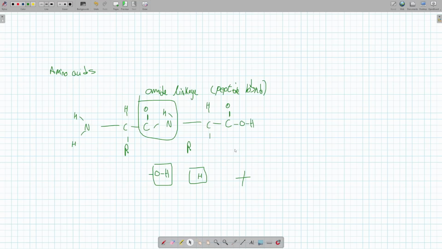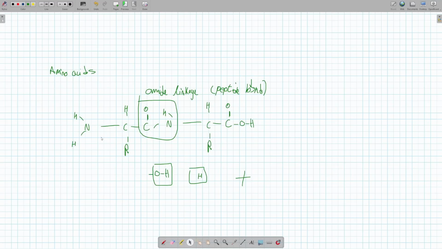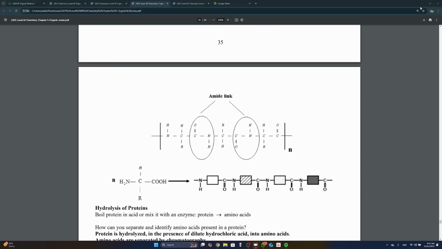So if you want to draw the polymer, you have to do this, and put n, protruding it like this. And again, water is released for every amino acid, for every one you add.